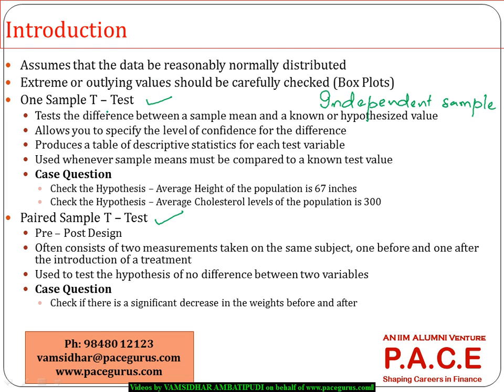One is whenever I want to test whether a sample mean is equal to a hypothesized value, a constant, comparing the mean of a data with some constant, I'll use the one sample t-test.